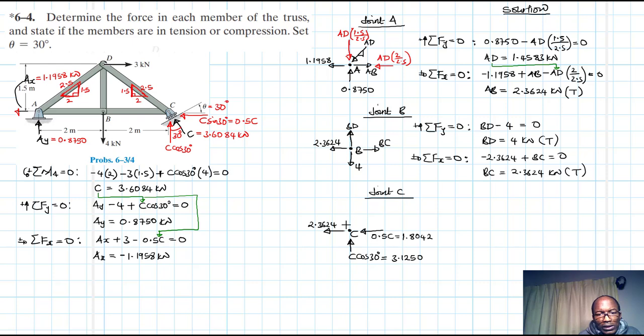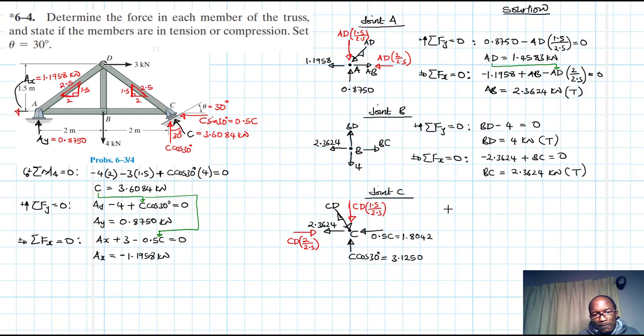And then let's say this one is in compression, and it has the slope that we've already determined in the figure, and this one we are calling CD. CD will have one component this side, which will be CD times the run divided by the hypotenuse, and then another component there, which is CD times the rise divided by the hypotenuse. Great.